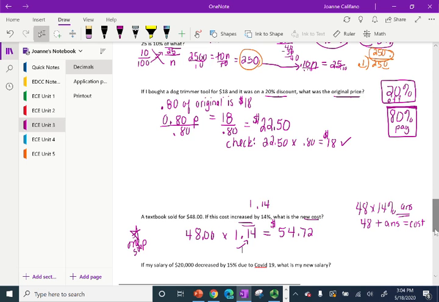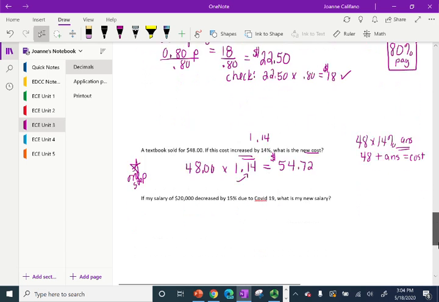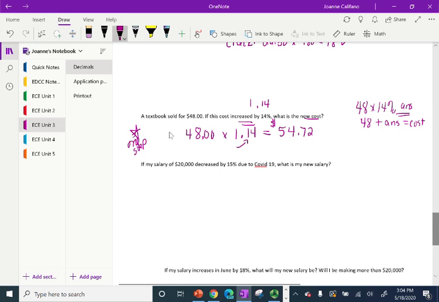I think some of these concepts were covered in those videos you watched, right? In word problems: if my salary of $20,000 is decreased by 15% due to COVID-19, what's my new salary? So that means I'm taking away from one whole amount.